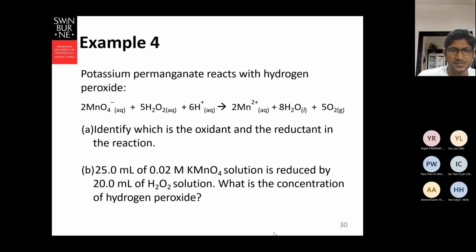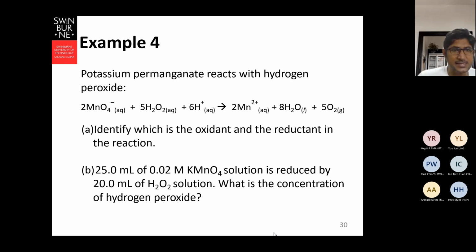It's just like C1V1 equals C2V2, from this reaction, the titration we will be doing. So for manganese tetroxide, we need to see who is having the oxidation or reduction. Positive 7 becomes positive 2, so it is reduced.